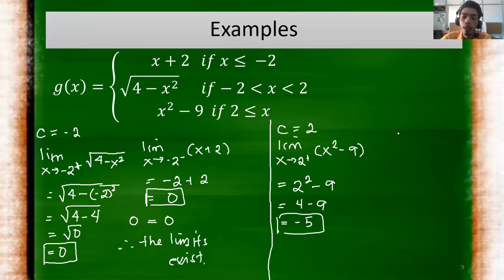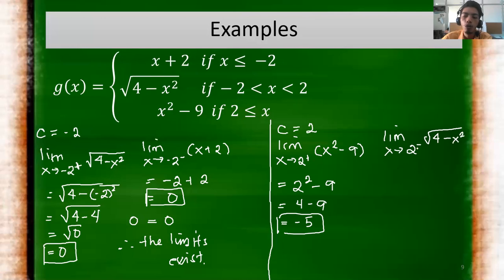Now, the left hand limit, we are going to find the limit as x approaches 2 from the left. So, 2 from the left naman, kung nagamit na natin yung third function, second function lang ang ating natirang function na less than 2. So, we are going to use square root of 4 minus x squared. Okay?